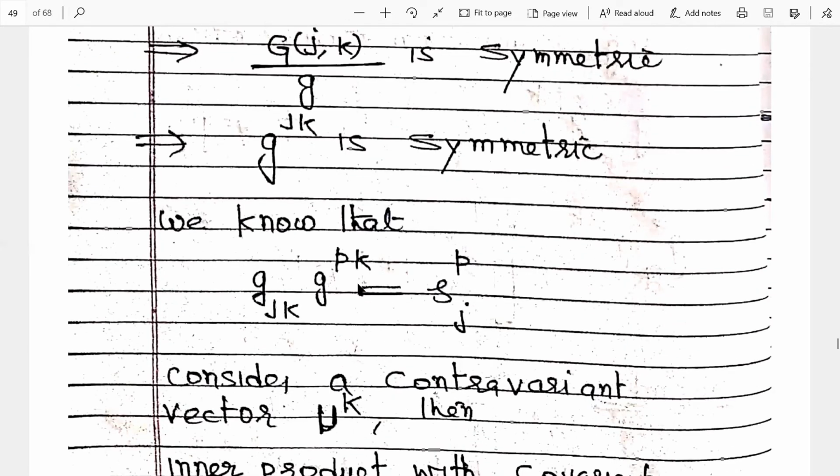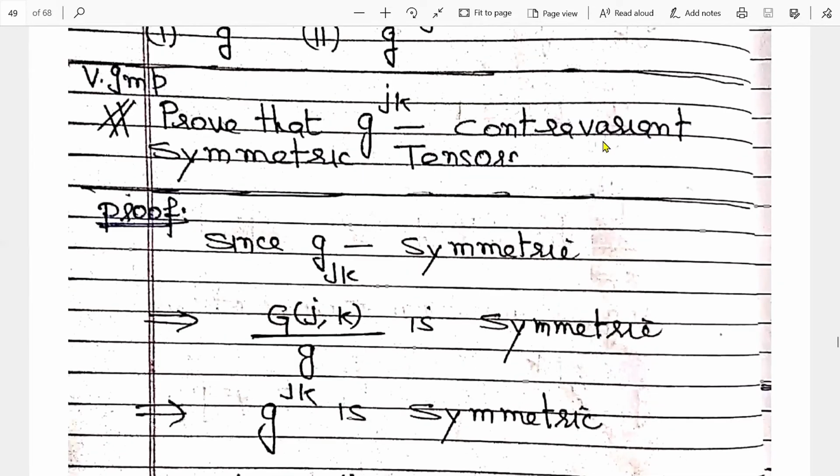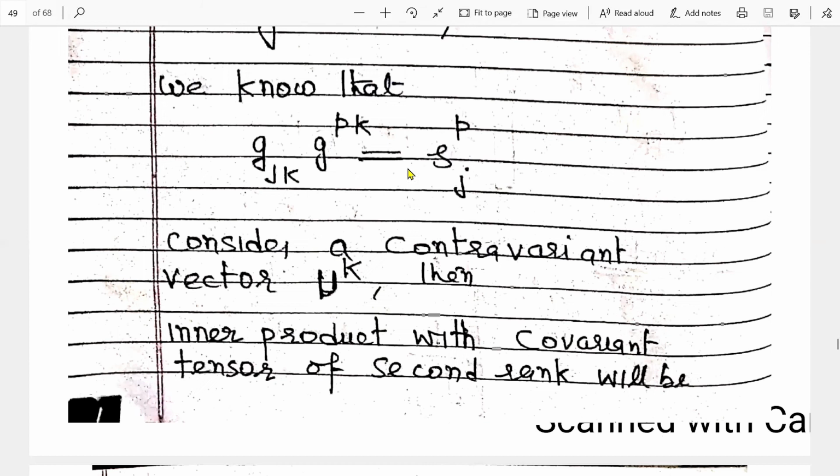Again, to prove the second step, that it is contravariant, we already proved in the previous result G^jk G_pk. So this k is common, so we ignore this k, and that product is converted into the Kronecker delta. Clear?